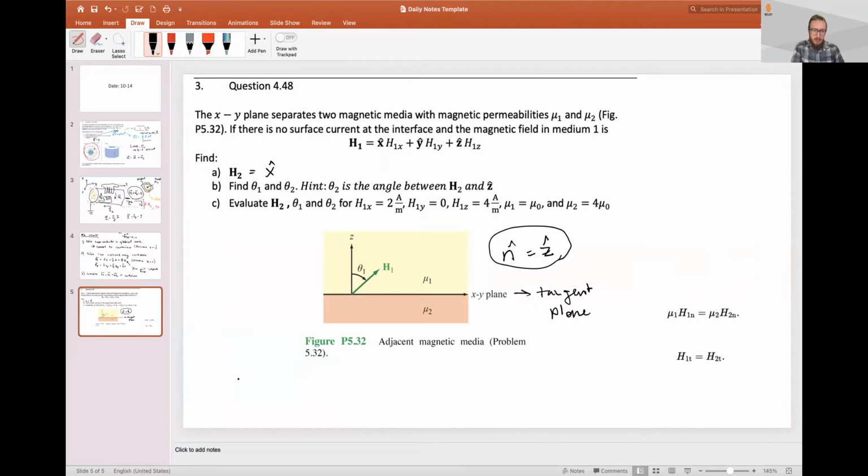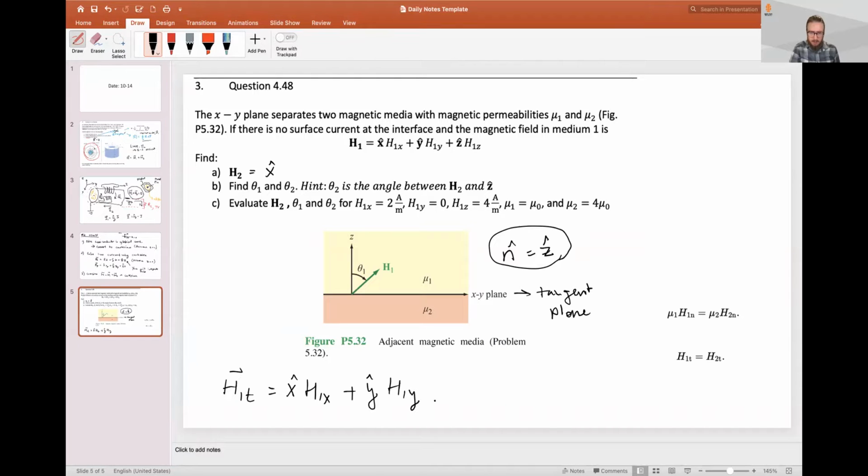Let's back up even further. What is H1t? The tangent plane is X and Y, so what should H1t be? It's the x and y portion of H1, so it's x hat H1x plus y hat H1y. Yep, exactly.